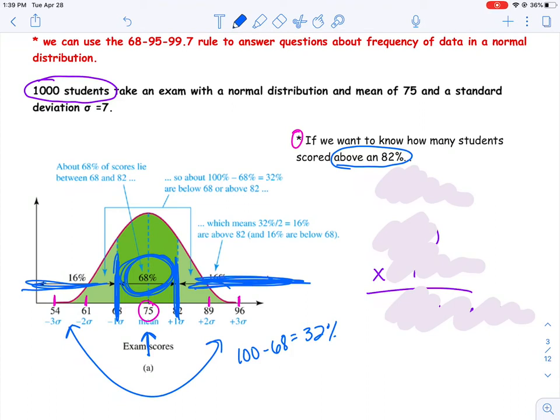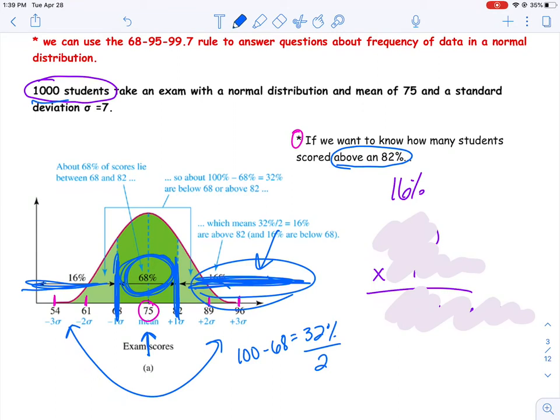But again, I don't want both of those. I only want the amount that's above. So I've got to take that 32 and divide it in half, so I'm only looking at the top half. And so I can say that 16% of the students scored above an 82. Now, the question also didn't ask me what percent, it asked me how many students.